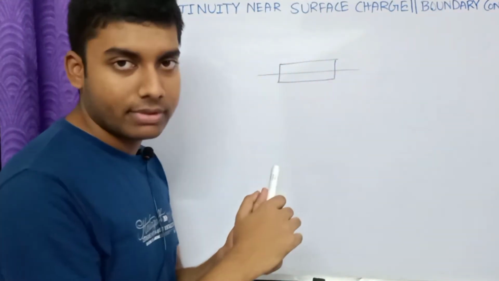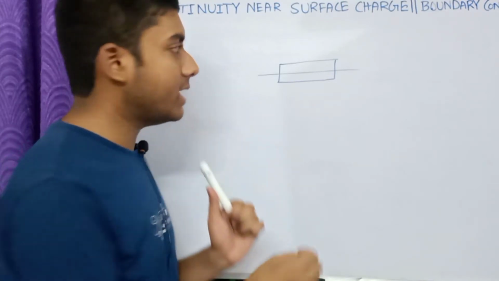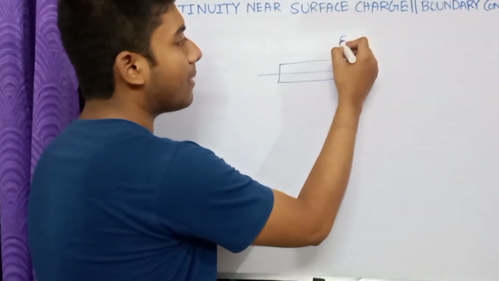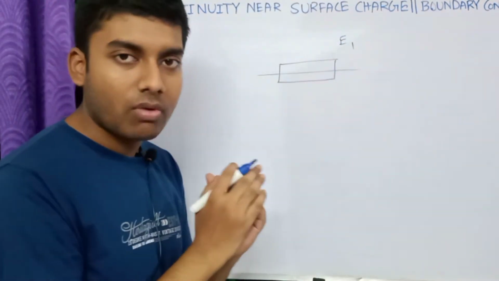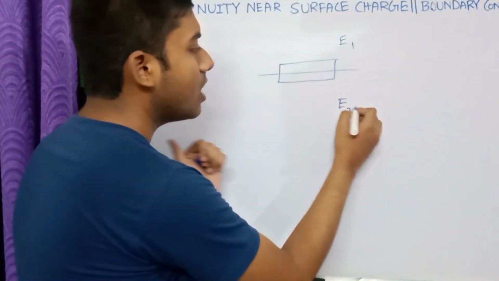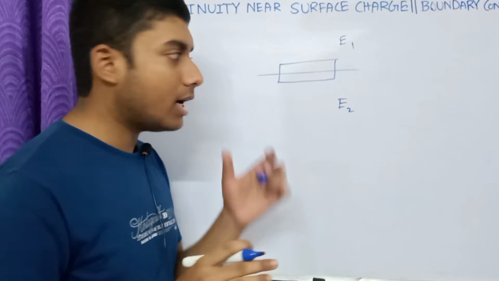Now what is our motive? We want to calculate the electric field in the upper region, denoted by E1 suppose, and the electric field in the lower region. This is our goal.